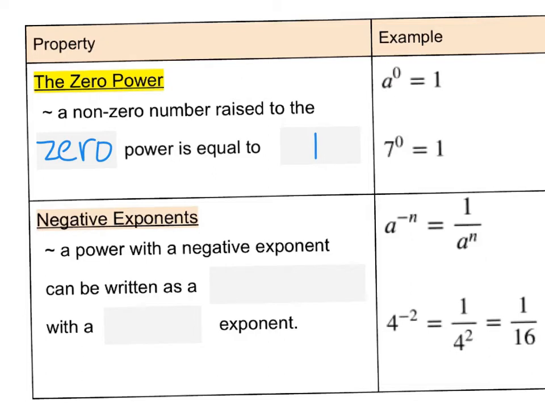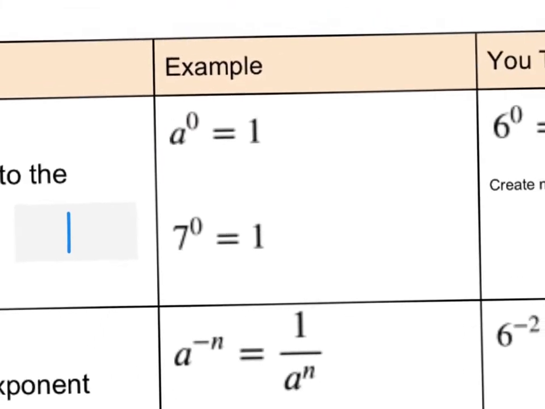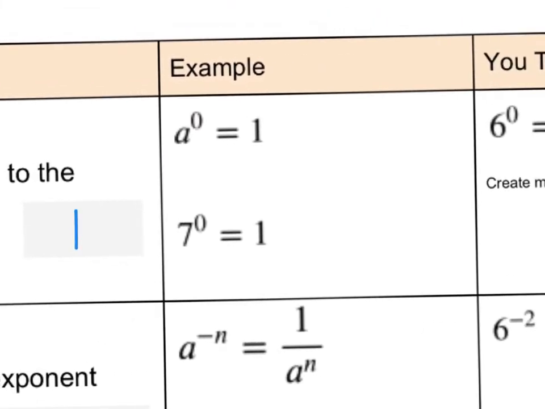Okay, so if we have the base and it's raised to the zero power, it equals 1. Let's take a look at the example. So here we have the letter A to the zero power. A to the zero power equals 1. 7 raised to the zero power equals 1.